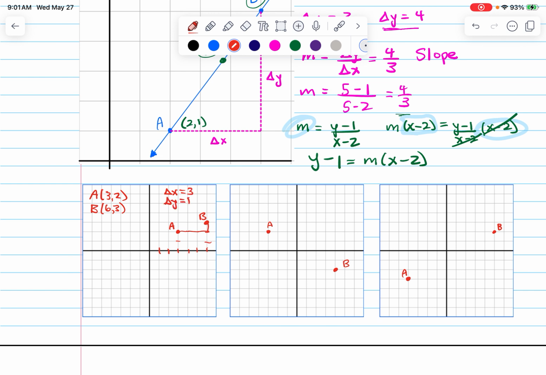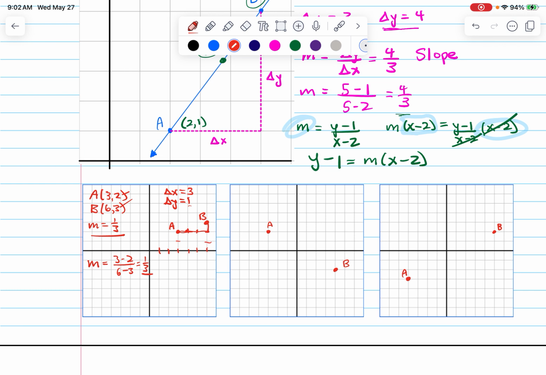See? Because I go to the right 3, and then up 1. And the delta y is 1. So my slope, I know right away, is 1/3. Now, we could also get the slope this way. The slope is equal to 3 minus 2, see, the difference of the y's, over the difference of the x's. And that's 1/3. See, so here's 1/3, here's 1/3.